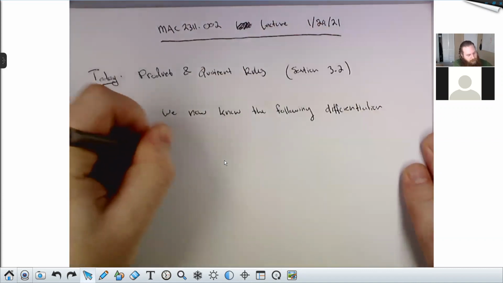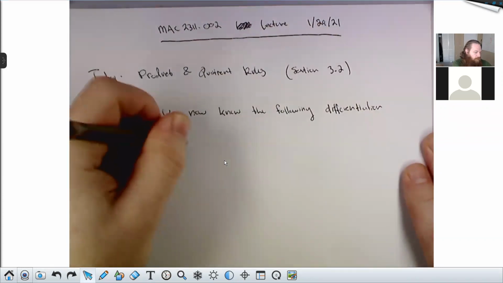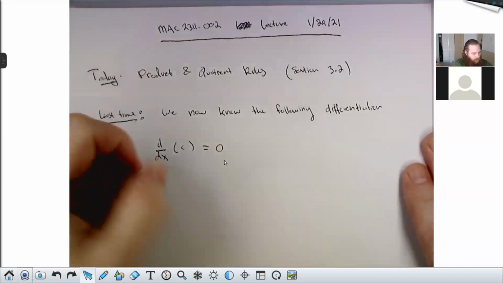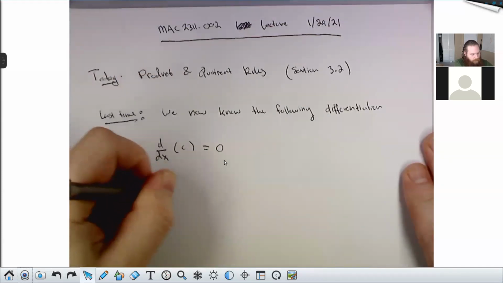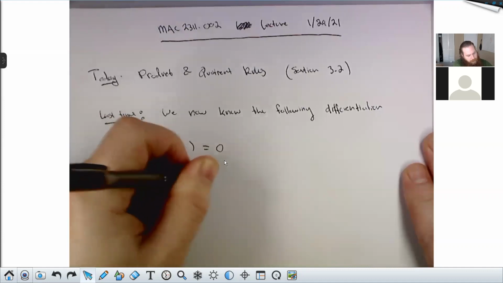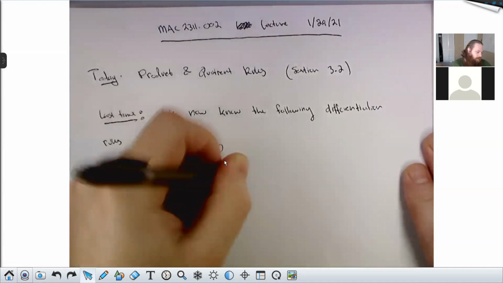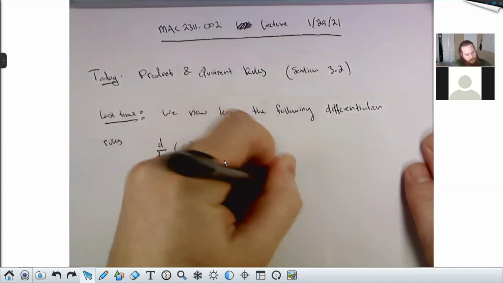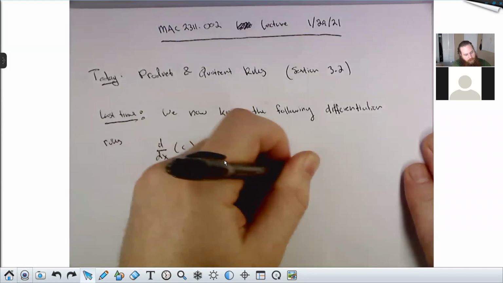I'll write these out in Leibniz notation. We know that the derivative of a constant is 0. We know that the derivative of a constant multiple is the constant multiple times the derivative of the function it was multiplying, like this.